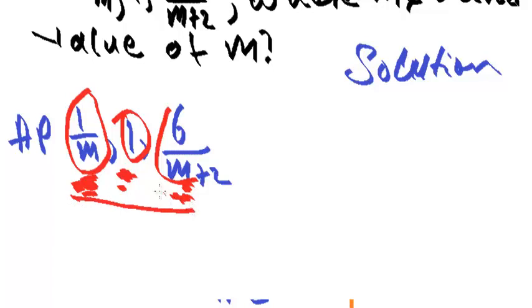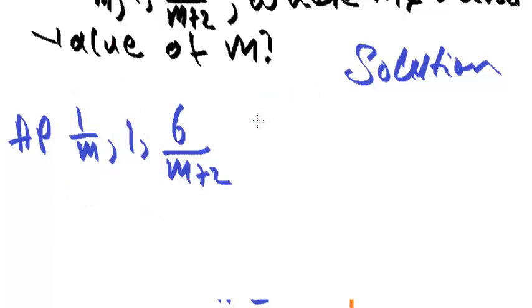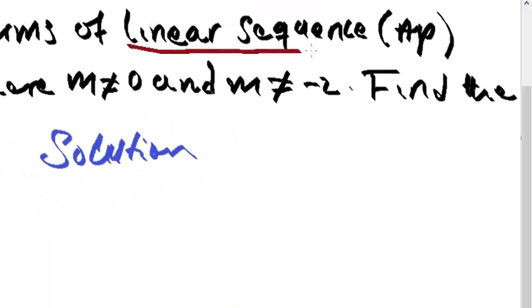That's what it means. So now we are coming to solve the question, and there is another clue in the question saying that it is a linear sequence, or AP. Any linear sequence has what we call a common difference.